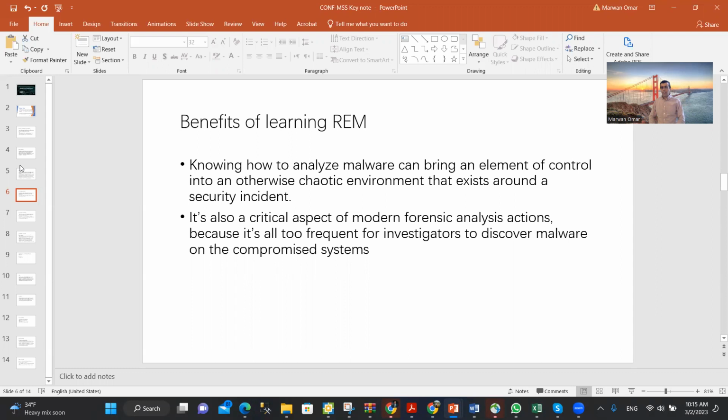In this case, digital forensic analysts or examiners or professionals will be asked to take that malware to a virtual controlled lab environment and analyze it to understand the capabilities so that you can assess the damage, the extent of the damage that could have been caused by malware.